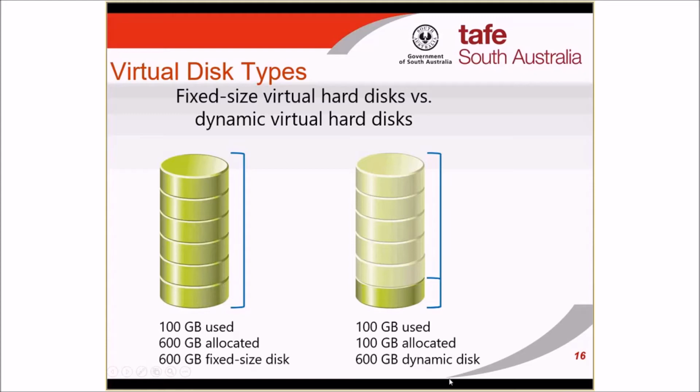What does that mean? It actually uses up only the space it needs, but it can grow up to 600 gigs, which is better as far as storage use is concerned. That's why in the classroom I always tell you guys to not allocate disk space straight away, because if you do, you end up with a big size disk even if you don't need it.